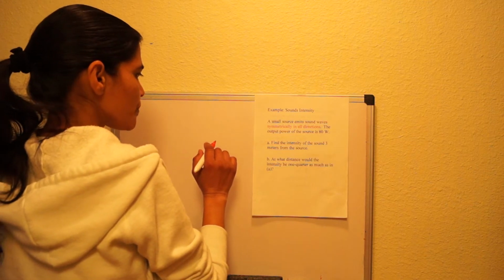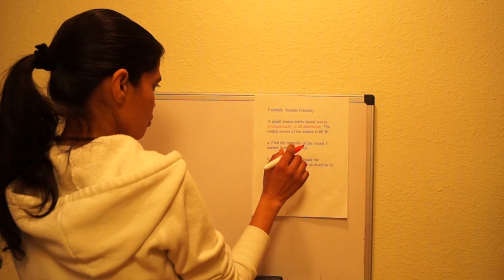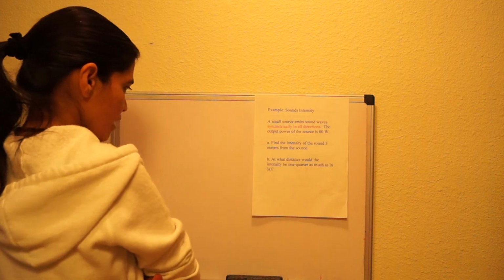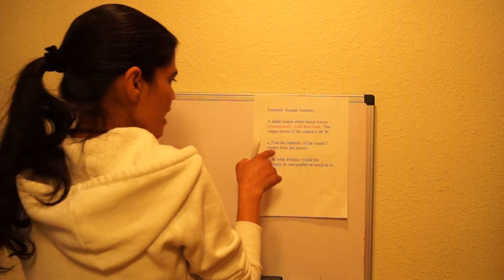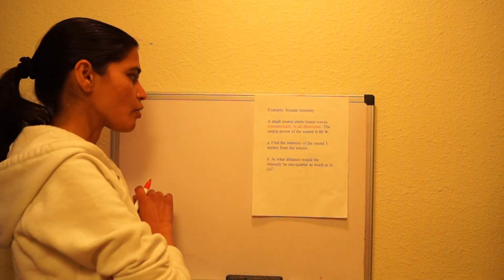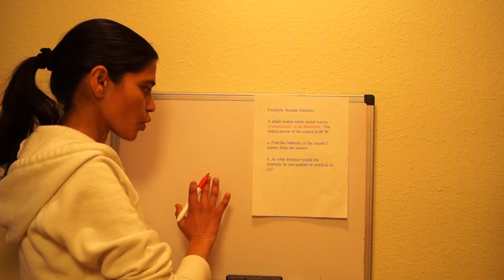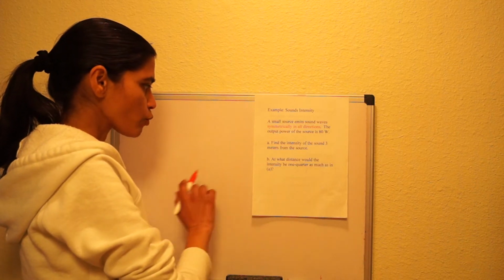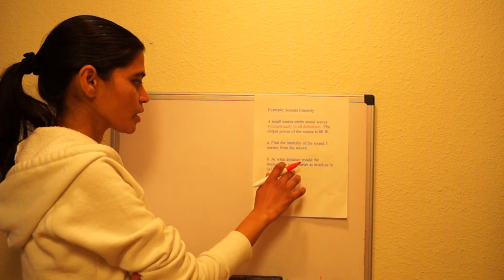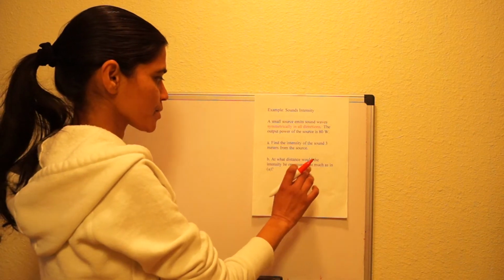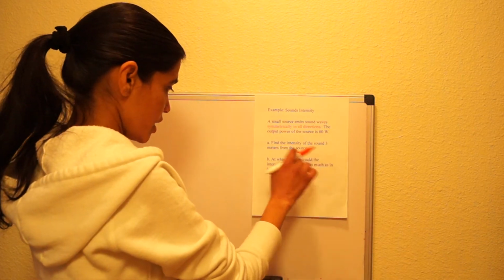The output power of the source is 80 watt. Okay. A. Find the intensity of the sound 3 meters from the source. B. At what distance would the intensity be 1/4 as much as in A.